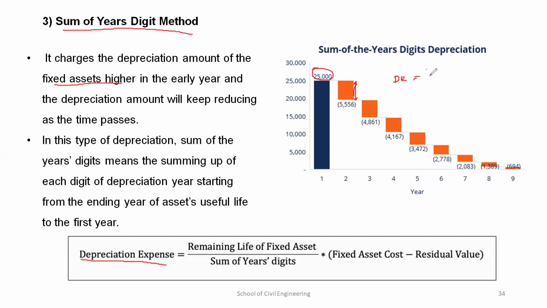Depreciation expense is nothing but the remaining life, 8 years, over 36, multiplied by the initial investment of 25,000 minus the residual value they have given. Then you will get 5,556. We will solve one simple example so that you come to know what the sum of year digit method is.